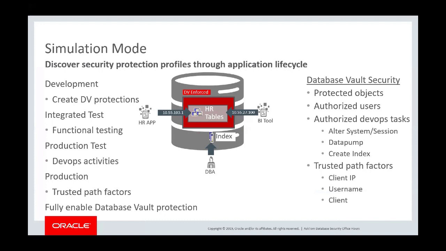And once you update those rules and you keep reviewing the simulation log to see if there are any new violations that come in, and once you feel comfortable with that, you can fully enable Database Vault in production. So it's not just a binary switch anymore, where you just drop in the new controls fully enabled. You can put them in simulation mode and ease your way into it, giving everyone a feeling of confidence in Database Vault by the time you enable it completely.